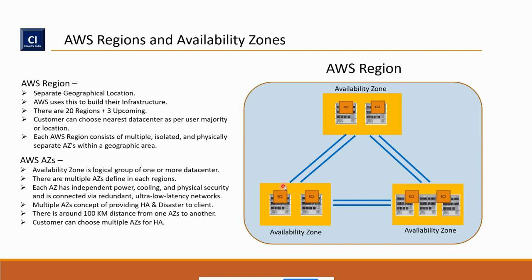If you are deploying virtual machines, they will go to any of the data centers, and inside the data center they go onto any of the racks. But you will not be aware of which data center it actually is under the availability zone. You can only identify that your virtual machine is running in availability zone 1A, 1B, or 1C, depending on where you deployed it.